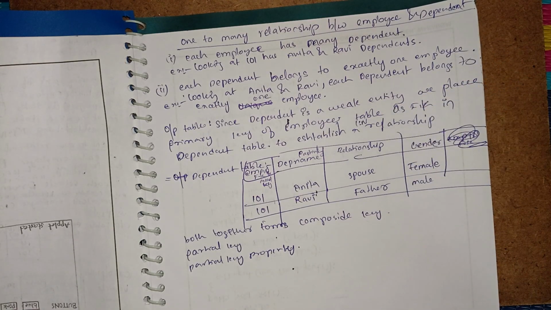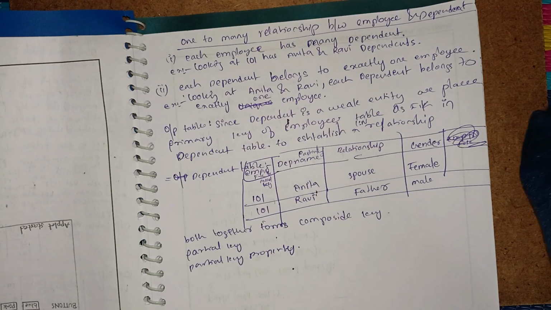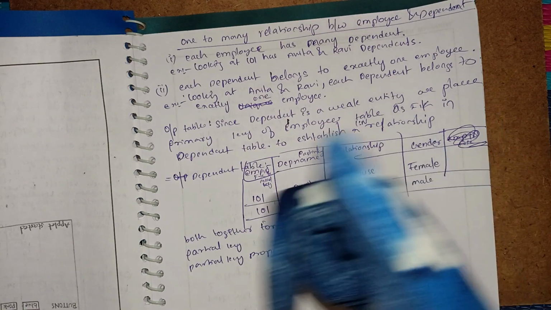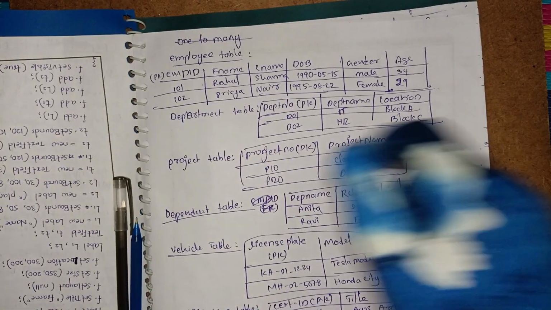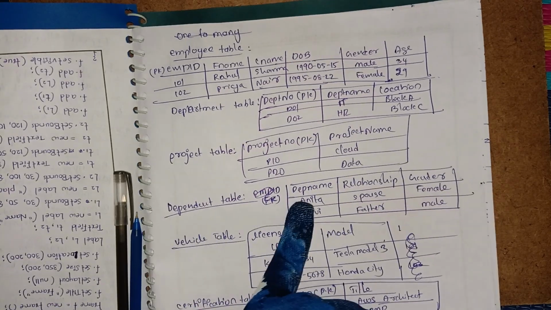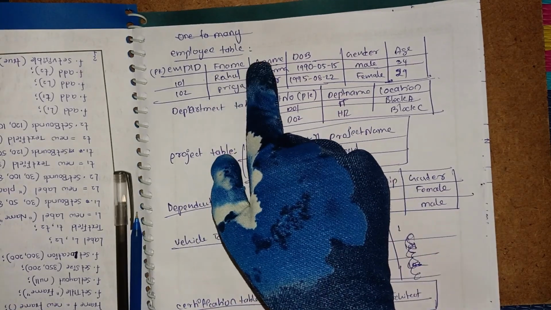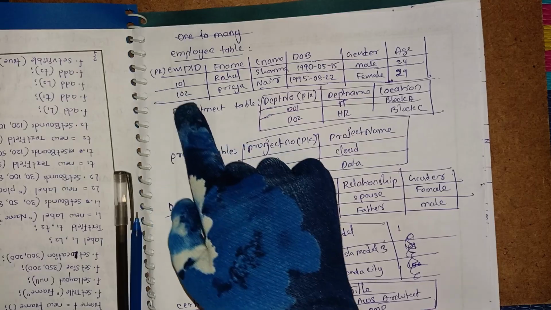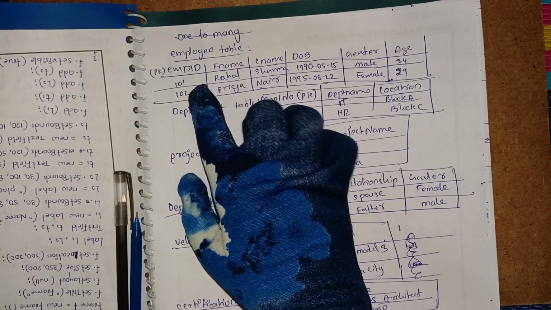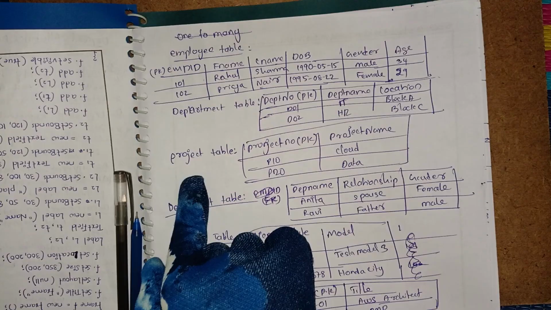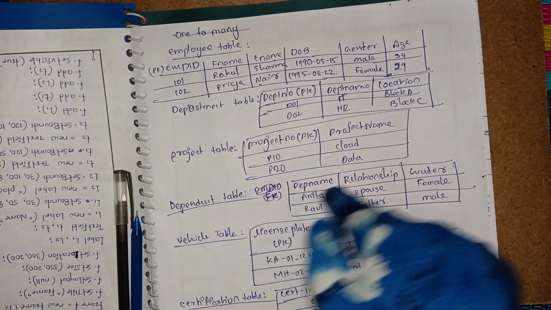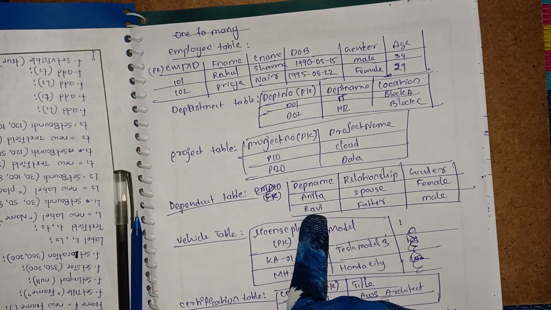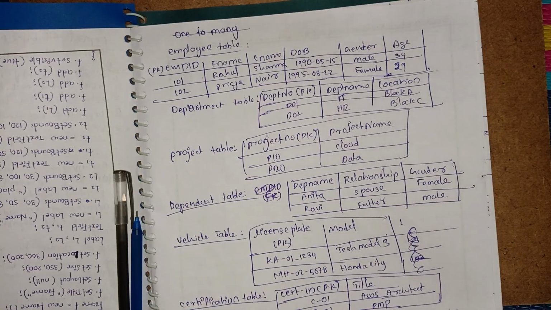And also we can generate a relationship between the strong entity table and the weak entity table. So in this case, the employee table and dependent table. Here the employee table is a strong entity table because it has a primary key, which uniquely identifies each row in this table, and the dependent table is a weak entity, meaning it has a partial key, that is dependent name, which does not uniquely identify each row in the table alone.